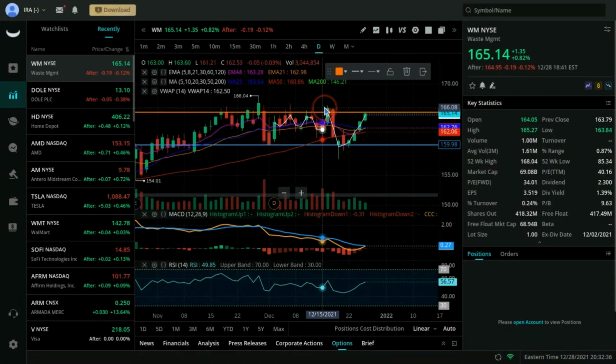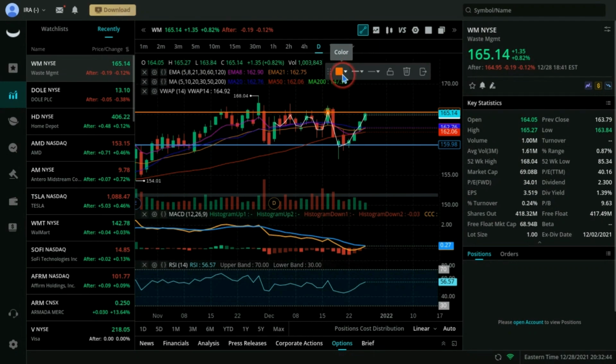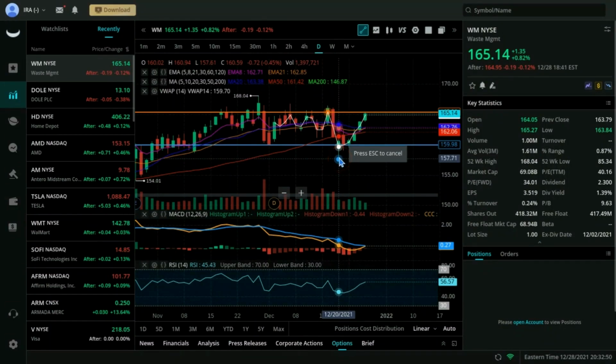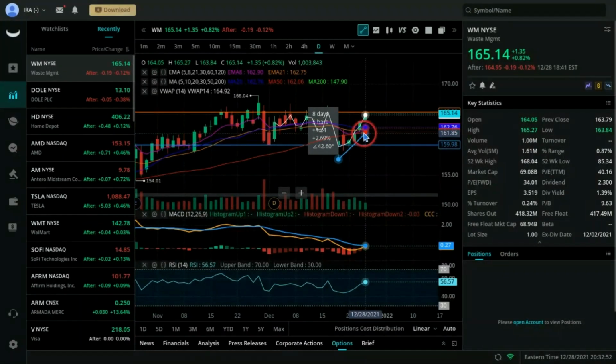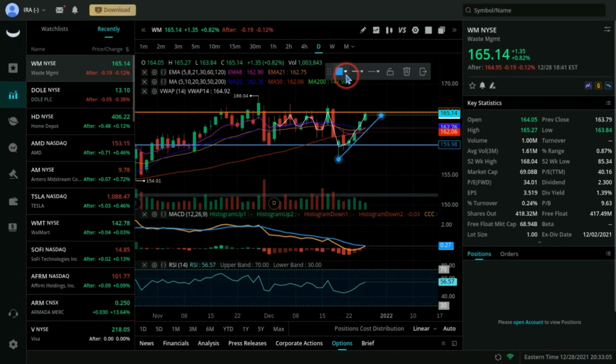Now we can draw our trend lines. Go up here, go to trend line, and we're going to take it at the bottom of the pivot and draw our trend. Try not to cut into any candles. We're going to make our trend line yellow.